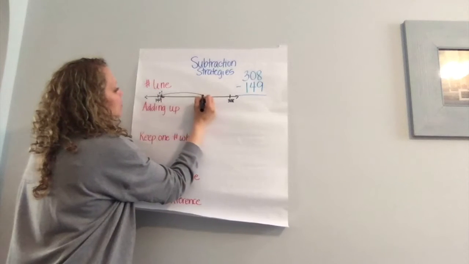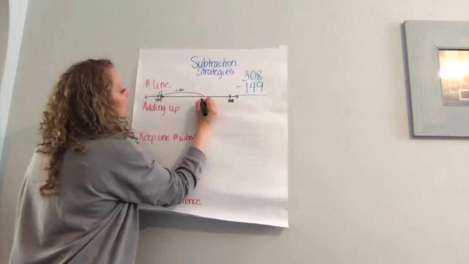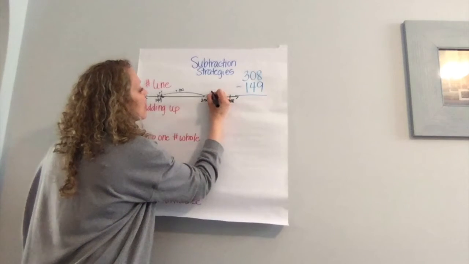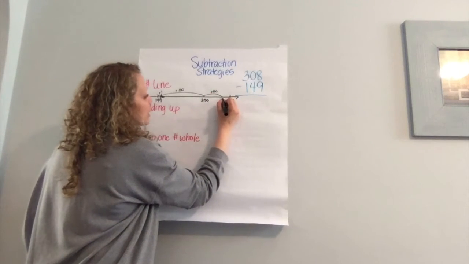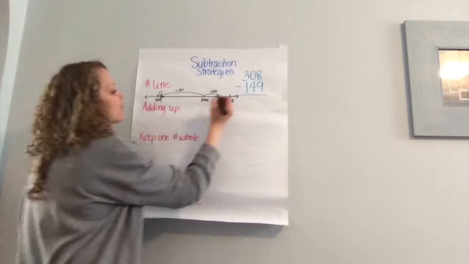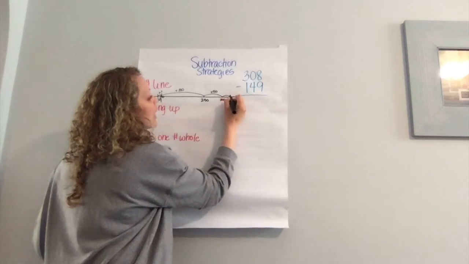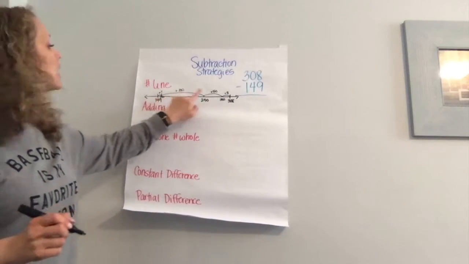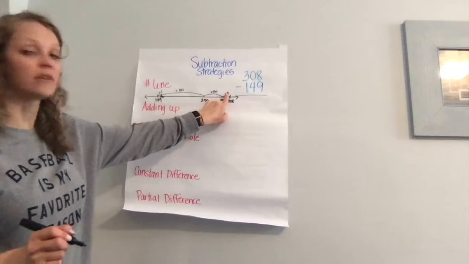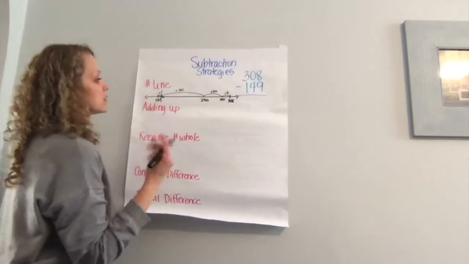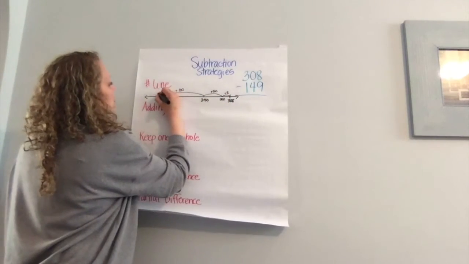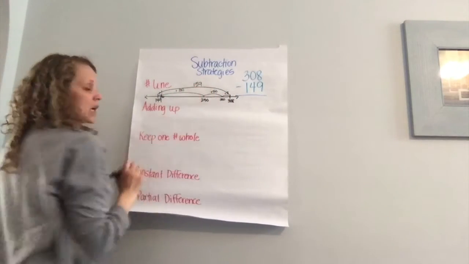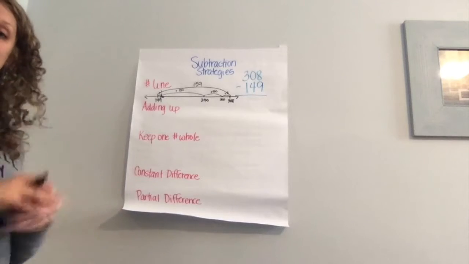And then I can add another 50. That gets me to 300. And then I have 8 more. So now I'm looking at 100, 150, 158, 159. So my answer is 159, the difference between these two numbers.